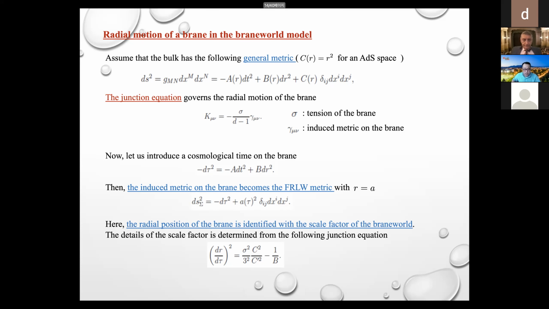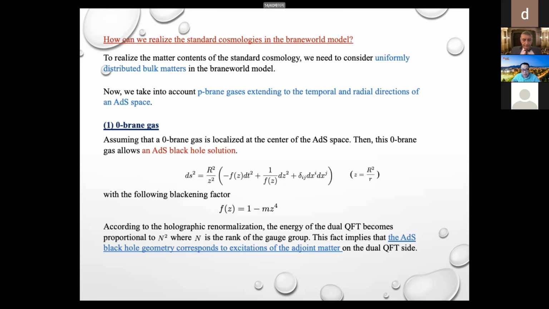Okay, so this is the brane world model. Now we try to realize the standard cosmology in the holographic setup. To describe the standard cosmology, we should consider some appropriate matter in the universe. In the holographic dual theory, we also consider some appropriate bulk matter.